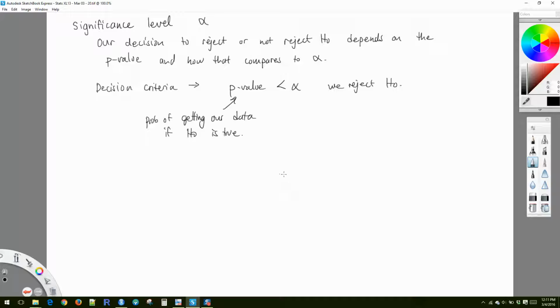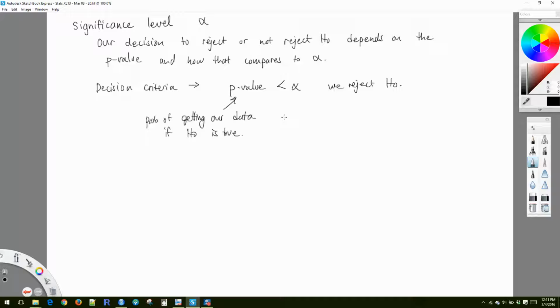And so what this means is that even if the null hypothesis is true, let's say our alpha is 5% and we end up getting a p-value of like 4%, okay? It means even if the null hypothesis is true, there's a 4% chance of our data coming about from random chance, right?